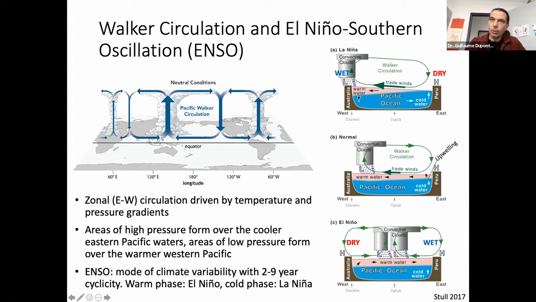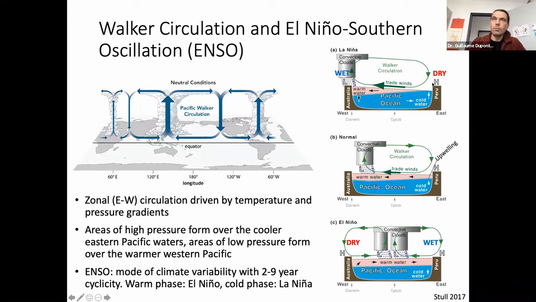And you get cold water up here off the coast of Peru. Because you have cold water, there's little evaporation, and we have dry conditions. That is the reason why we have the Atacama Desert, for example. So you have basically a mirror of the atmospheric circulation in the ocean, a reflection of that. This is the Walker circulation.